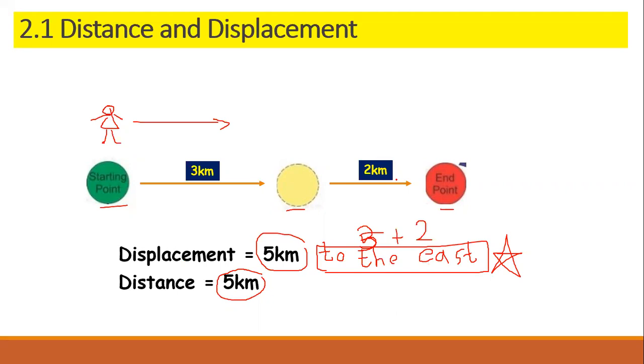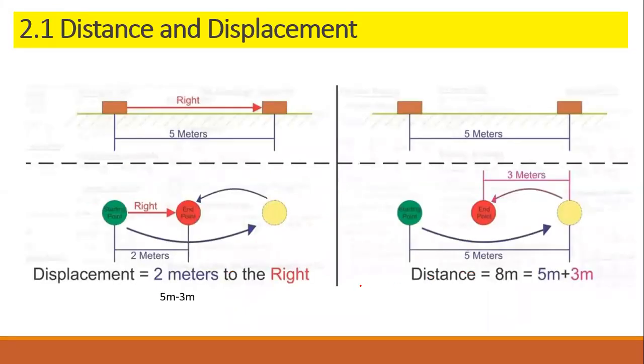Before moving on, since those distances are in the same direction, we can add them together. Did you see that? But once it is in the opposite direction, if we are turning back and coming back, we have to reduce the shorter movement in the opposite direction from the longer distance in the other direction.